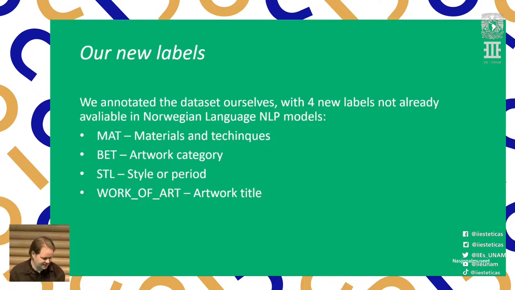We didn't have allocated resources for this. We decided to extend the label set with the following categories: materials and techniques, artwork categories, style or art historical periods, and artwork titles.